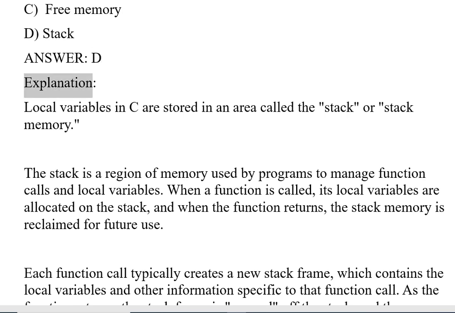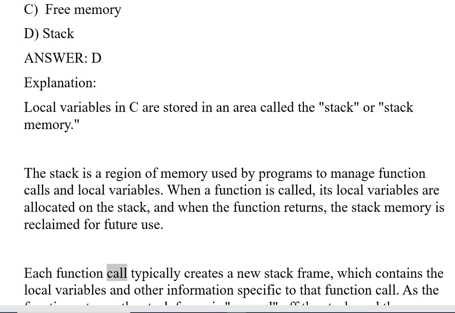Explanation. Local variables in C are stored in an area called the stack or stack memory. The stack is a region of memory used by programs to manage function calls and local variables. When a function is called, its local variables are allocated on the stack, and when the function returns, the stack memory is reclaimed for future use.